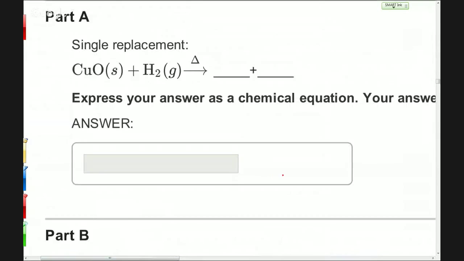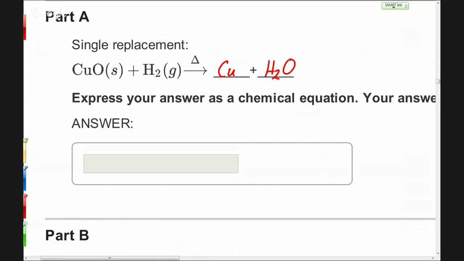So complete the equation. Now you're told here this is a single replacement. So what do you think the products are going to be? Now, because this comes up in these single replacement questions a lot, how did you know that the H2 would go with the O and not with the Cu?